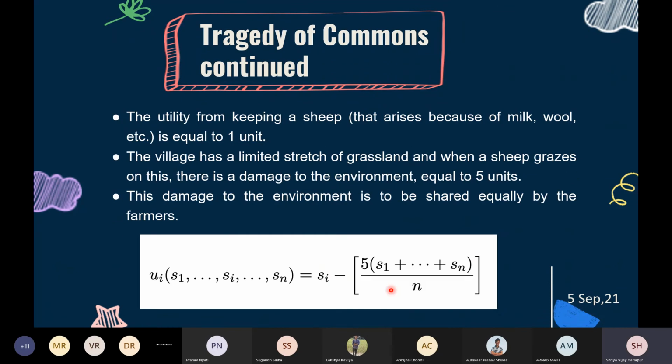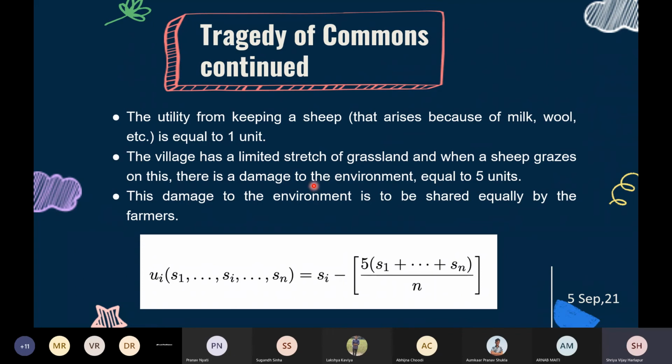Okay, I'll move on. So now we're going to look at the utility that you get, right? If you have a sheep, then you'll get some sort of milk, wool, stuff from that sheep, right? And so you can say that the utility from that is 1 unit. So you get some positive utility. But what happens is the village around has only a limited amount of grassland, right? And so when the sheep goes and grazes on this grass, there's damage to the environment.